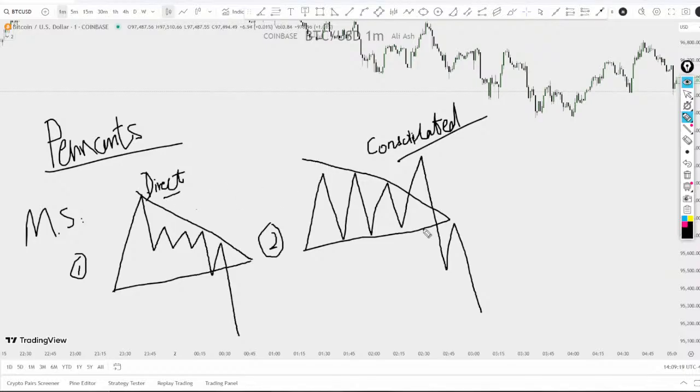Okay, so here we go. In this we have three concepts to understand. First is the turtle soup.